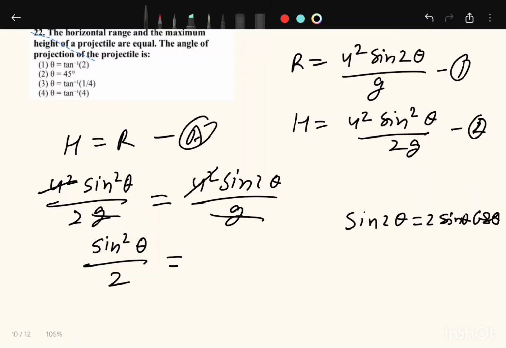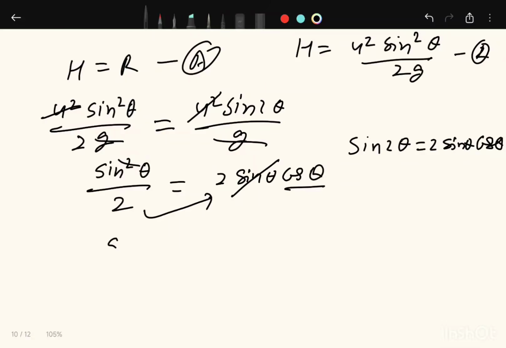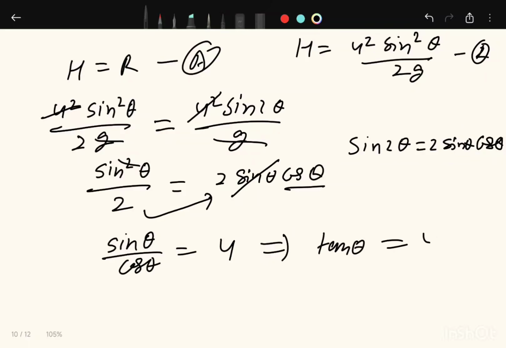So just put in 2 sine theta cos theta. This one sine will be cancelled out with this one sine, and we have sine theta and cos theta. This 2 will multiply with this 2, and sine theta will be divided by cos theta and it will be 4. So sine theta divided by cos theta is what? Tan theta, and that is equal to 4.